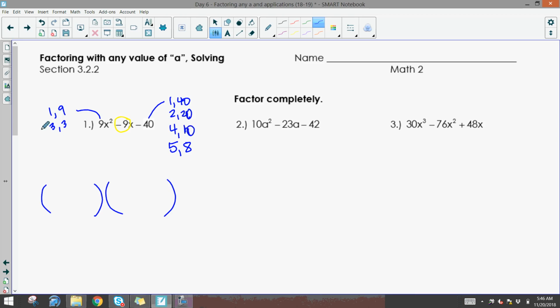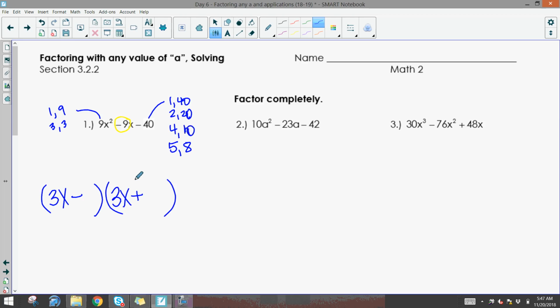So what that means is I'm going to start here, and you guys remember this is me just taking an educated guess, meaning I don't know exactly if it's going to work, but I'm trying to look at the numbers as I go and see if I can figure it out.